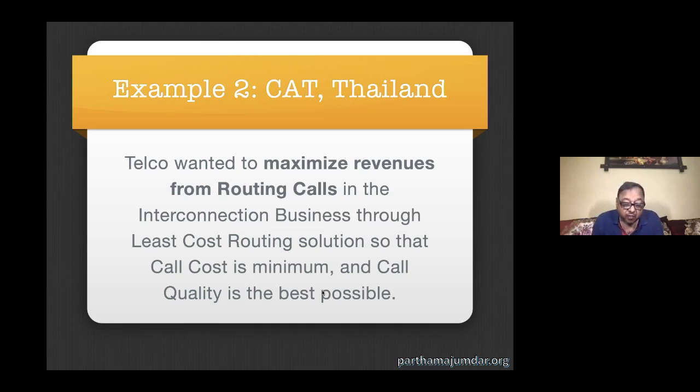This is the area where data science can be applied very heavily. How to calculate the least cost routing is basically by making predictions based on historic data: on so and so date in the past, I carried this call with this particular quality and at this particular cost, and it made the best sense.